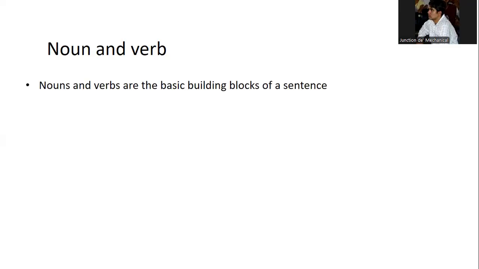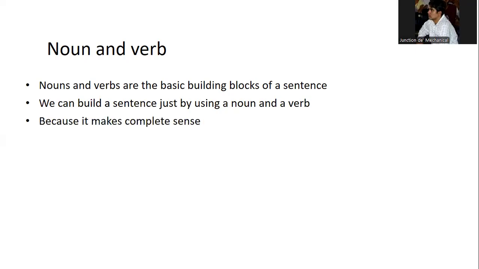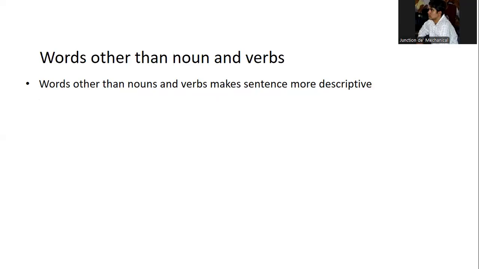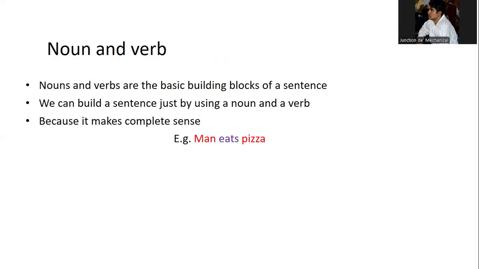Now, you know that a noun and verb are the basic building blocks of a sentence, which means you can complete a sentence by just using a noun and a verb because it will give you a meaningful sentence. It will make complete sense. For example, if you see "man eats pizza", you are very well aware that man is a noun, pizza is a noun, and eats is a verb.